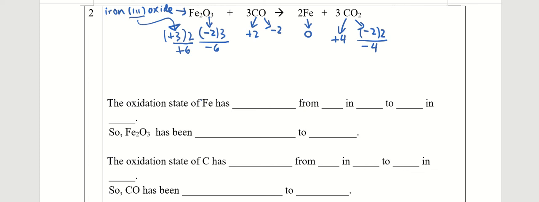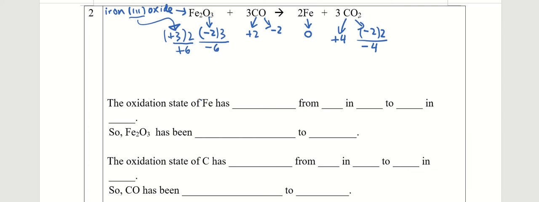Now, before we continue to determine which substance has been oxidized and reduced, I would like to point out one thing. Look at the carbon monoxide. Notice that when I determine the oxidation states of the elements in carbon monoxide, I do not multiply it by 3. Similarly, iron here, the 2 in front doesn't play a part in determining the oxidation state.